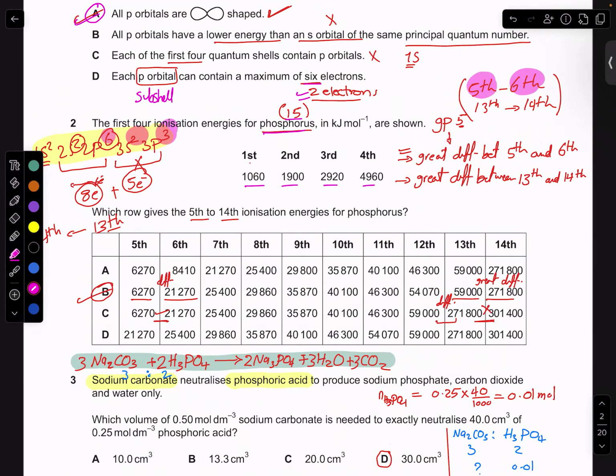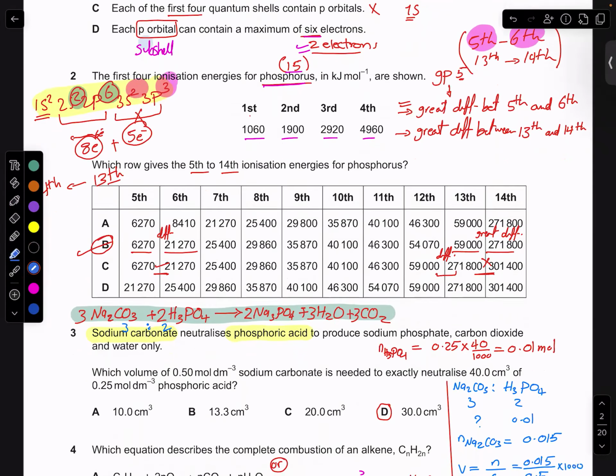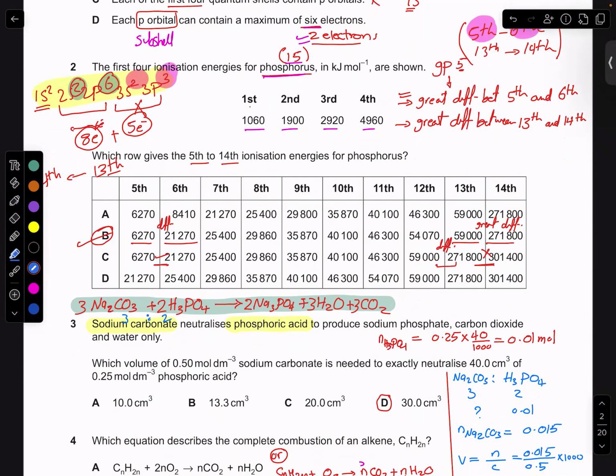Also in the inner shell, when you remove the inner electrons, these 8 electrons, the ionization energy needed to remove the electron from this shell will be higher. So there will be a great difference between the fifth and sixth ionization energies.